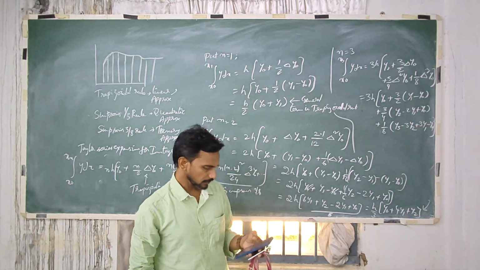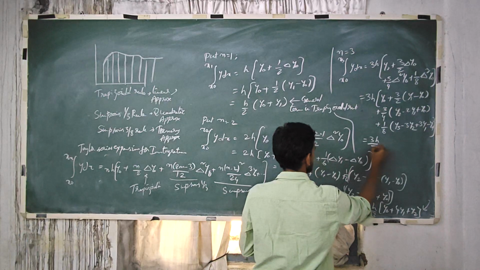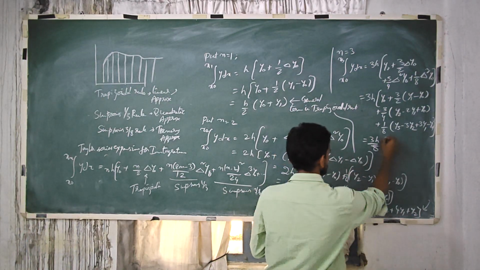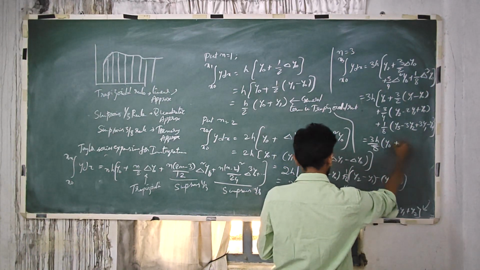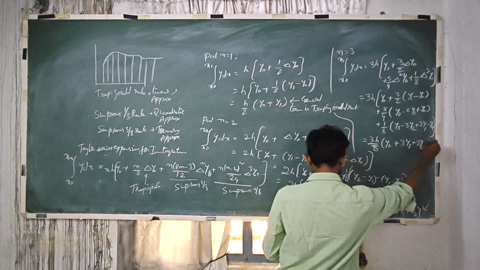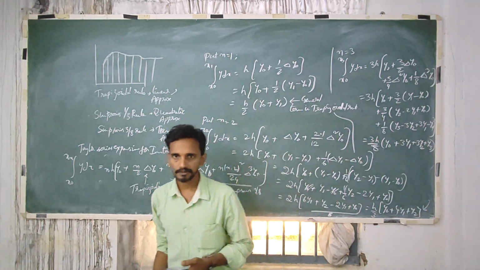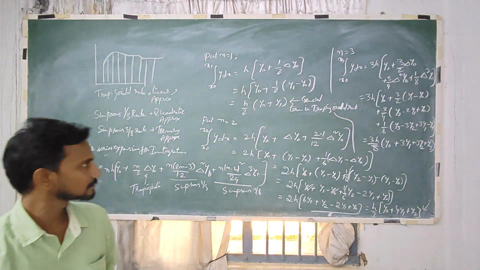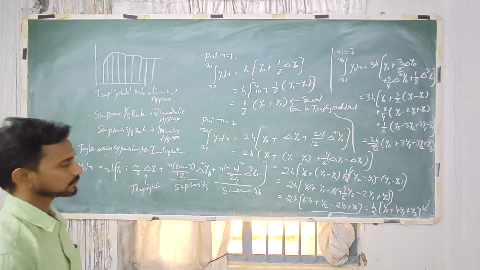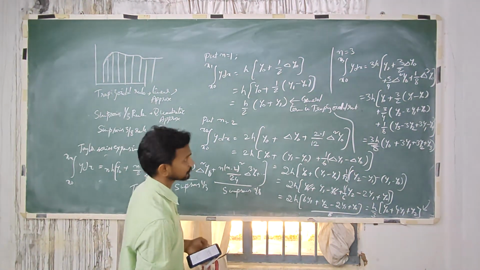That is the total set. So we will be left with 3h by 8 times y0 plus 3y1 plus 3y2 plus y3. So that is the general term for Simpson's 3/8 rule.